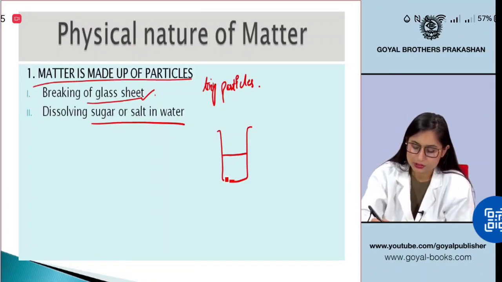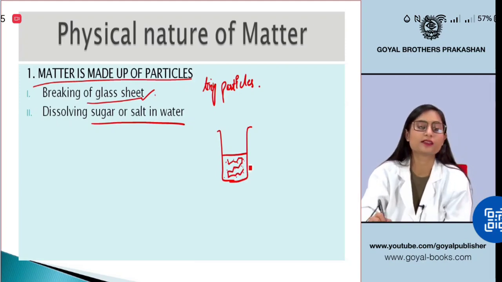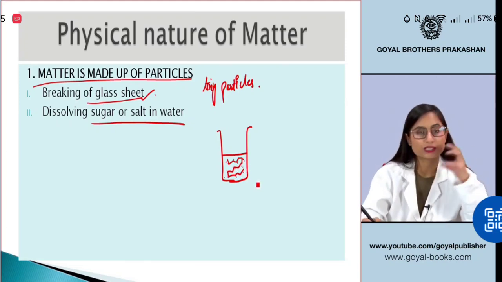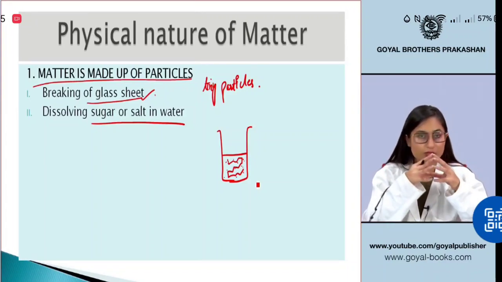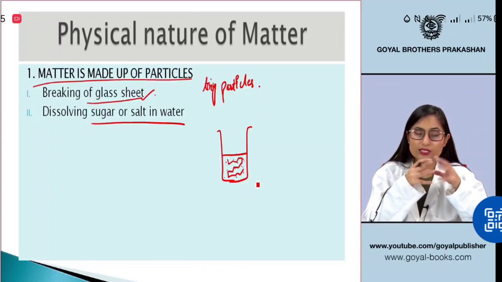So the salt will mix into the water and the particles will be at random positions inside the water. Now each particle will have a different kind of motion in any direction due to collisions with other particles. Due to these collisions, the particle that we are talking about will have a zigzag motion, which is known as Brownian motion.